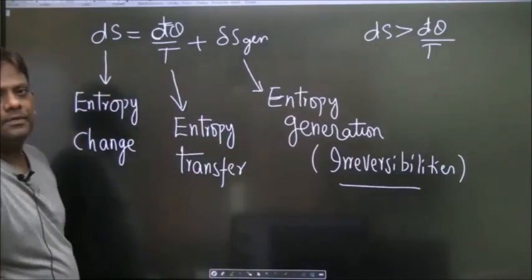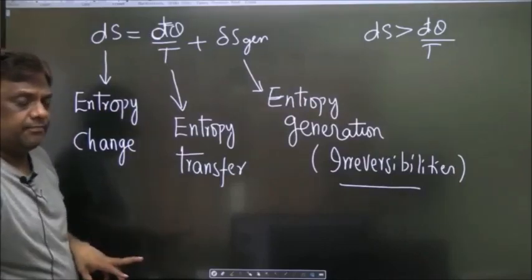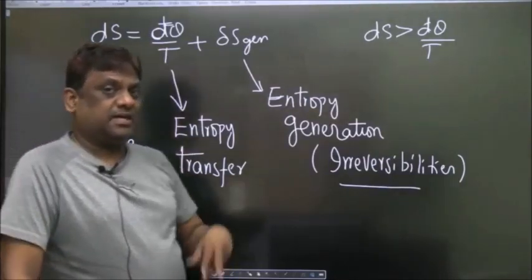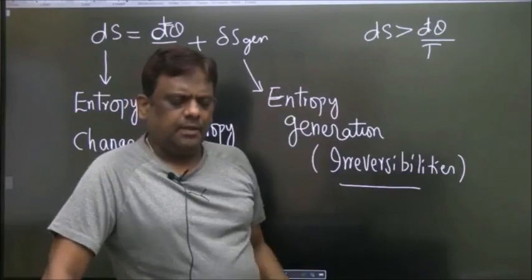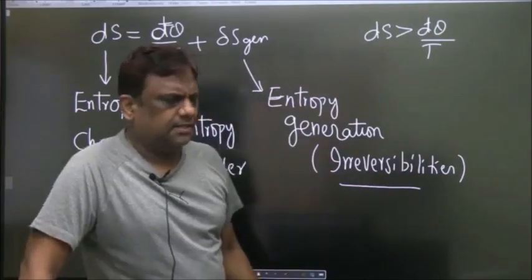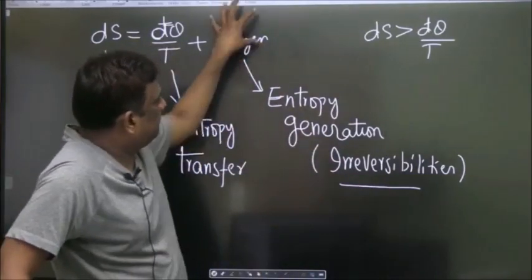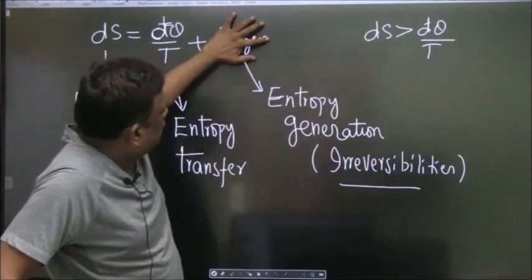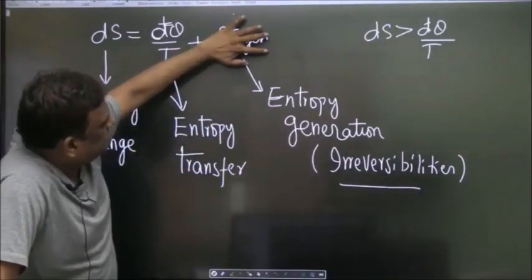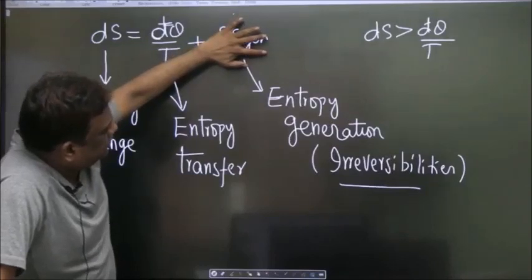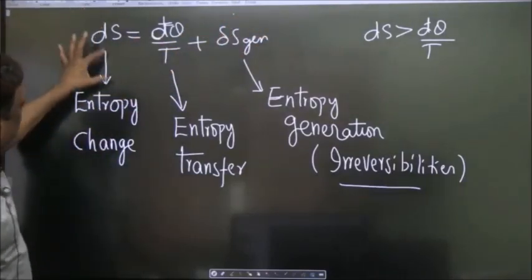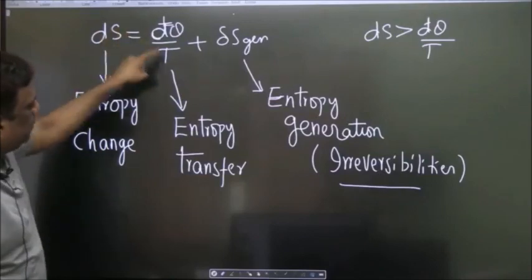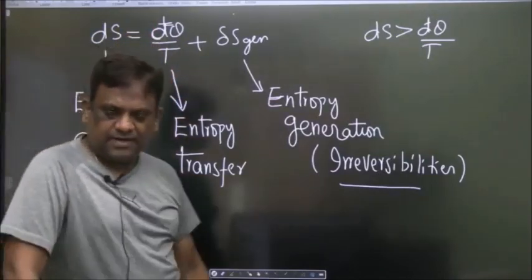Next, let us take a reversible process. In a reversible process, there is no generation. So whatever entropy change is taking place is purely due to entropy transfer.